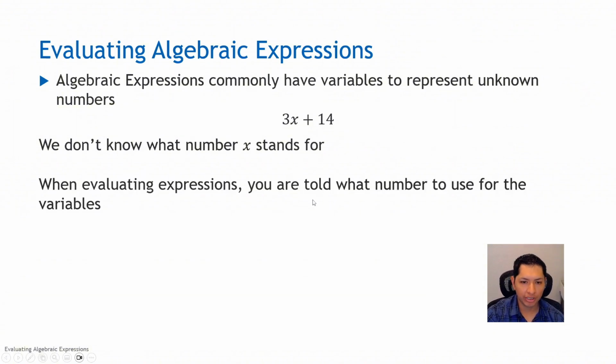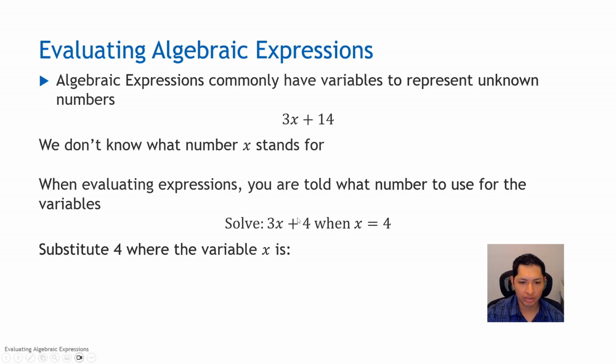When you are evaluating expressions in the GED math exam, you are usually told what number to use for the variables. So an example might be: solve 3 times x plus 4 when x equals 4. In this case, we simply substitute in the value 4, which is what we were told to use, where the variable x is.